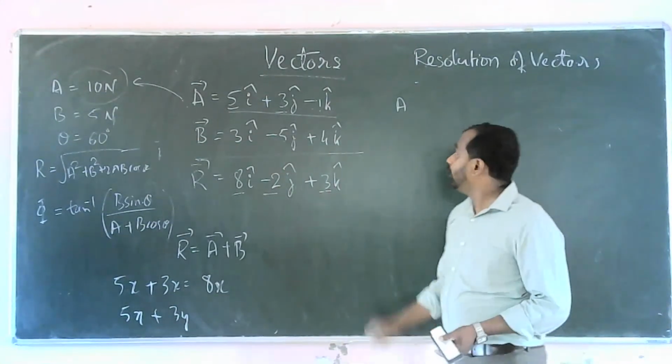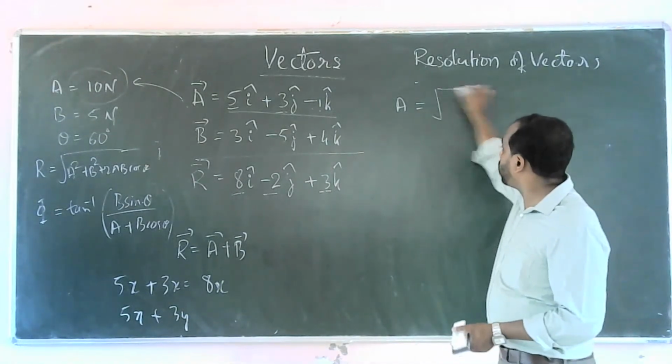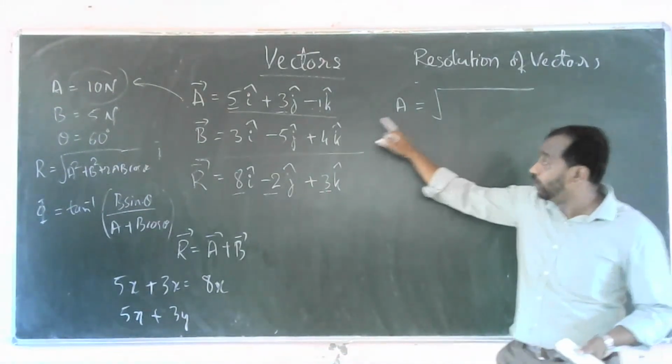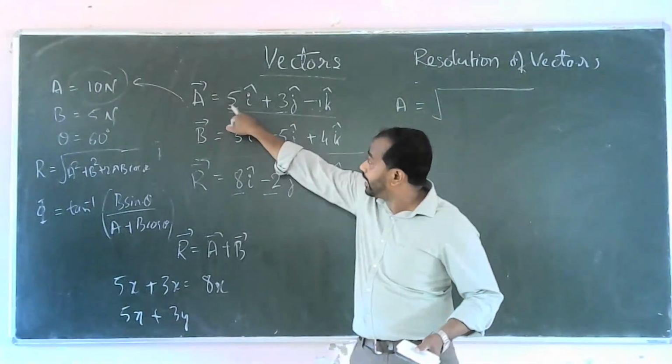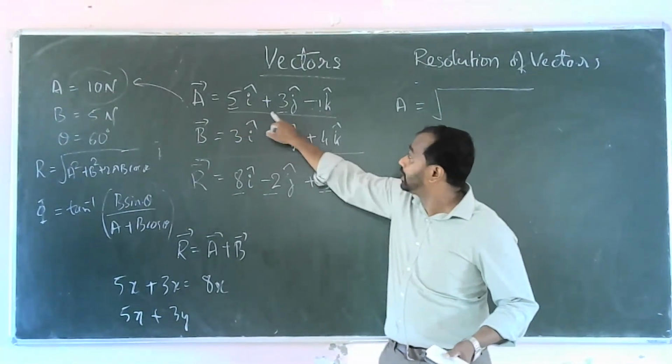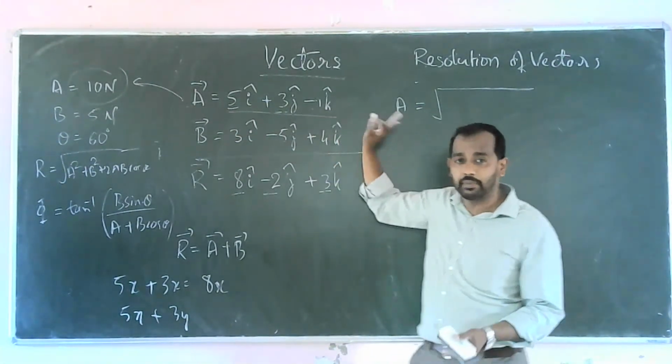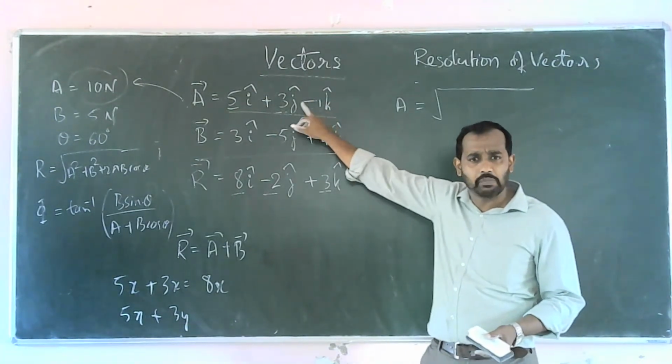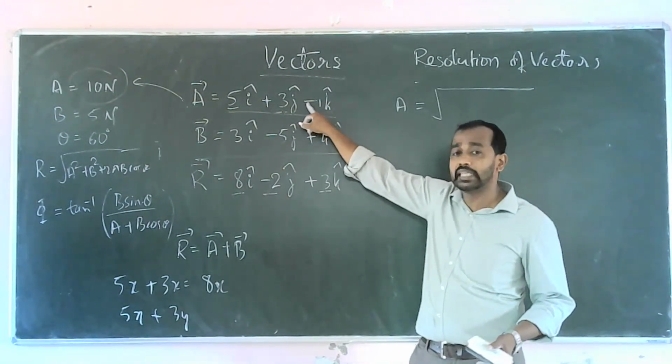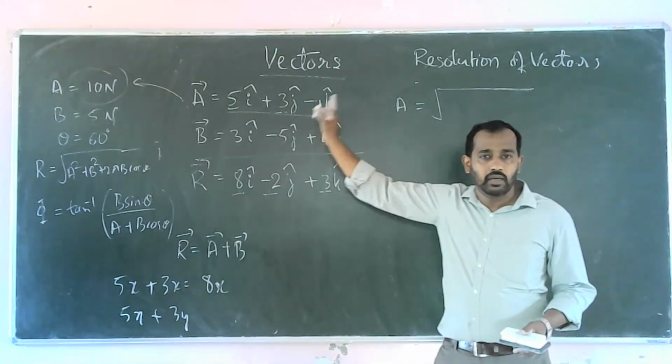It will be equal to the square root of the magnitude of vector A, which is given as 5 I cap plus 3 J cap minus 1 K cap. Actually, it will not be written as minus 1 K cap, it will just be written as minus K cap.